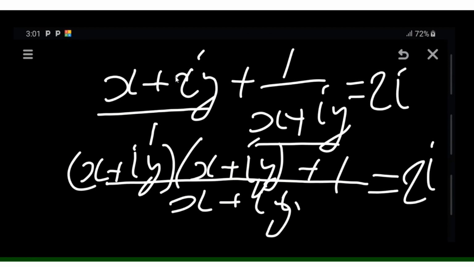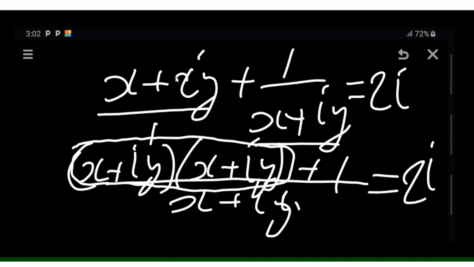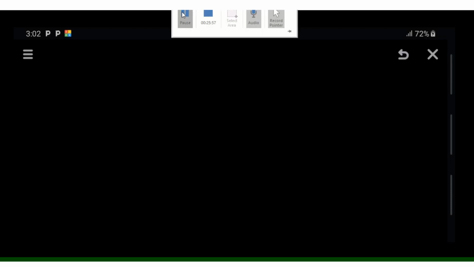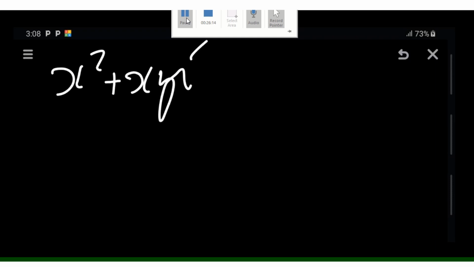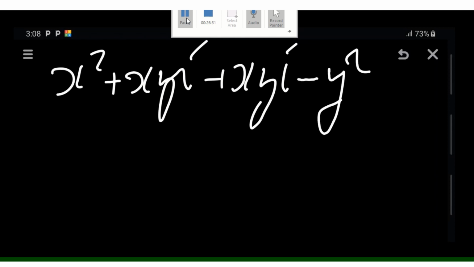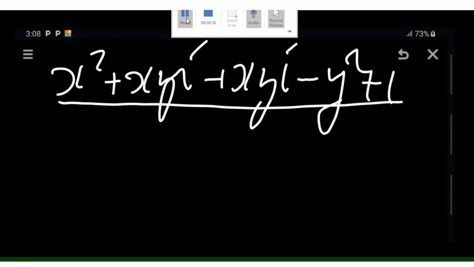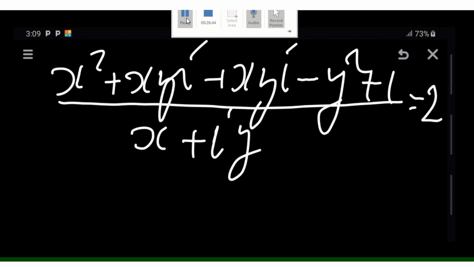So we can expand this part here. Expanding that part, we have x squared, x times x is x squared, and x times iy is plus xyi, plus xyi, and then yi times yi is negative y squared, plus 1, don't forget that one, over x plus iy, and here we have 2i.